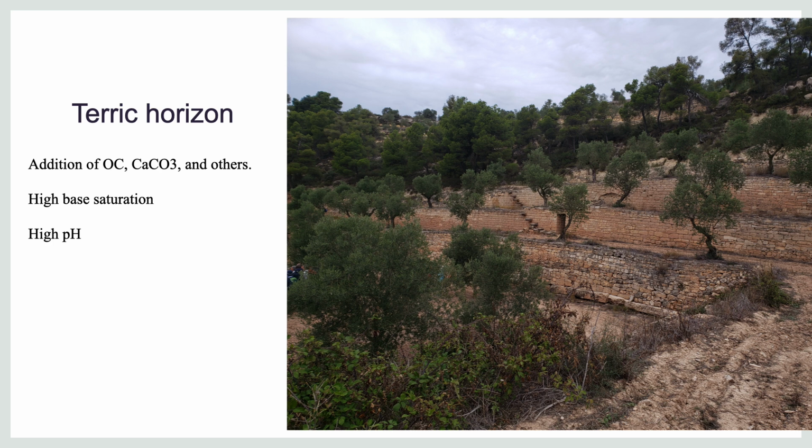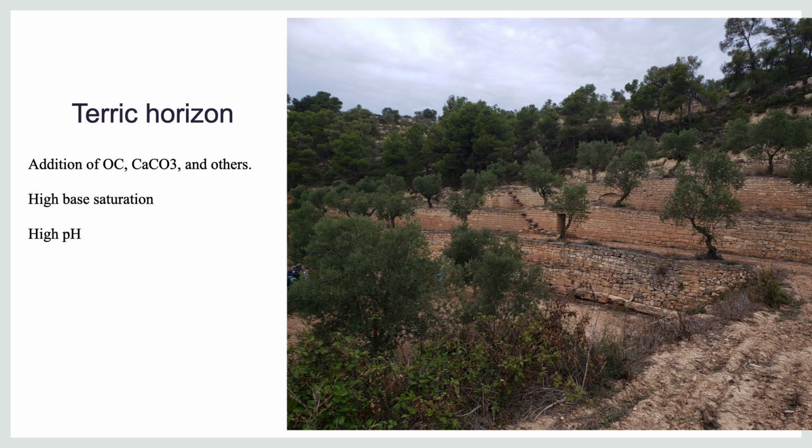It is a horizon formed by humans when they bring material from one area to another, not only to increase soil fertility, but especially to create flat surfaces. So they try to create a flat surface so it's easier to cultivate.